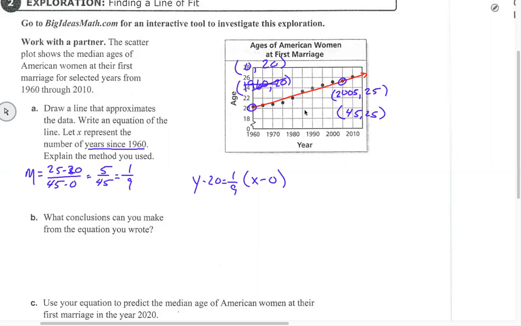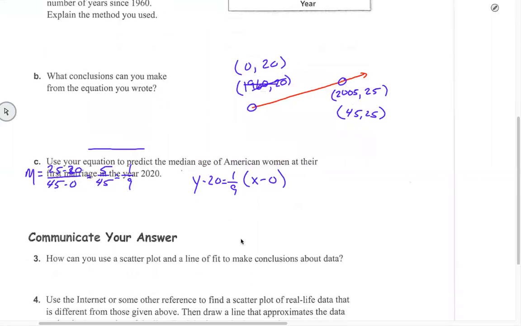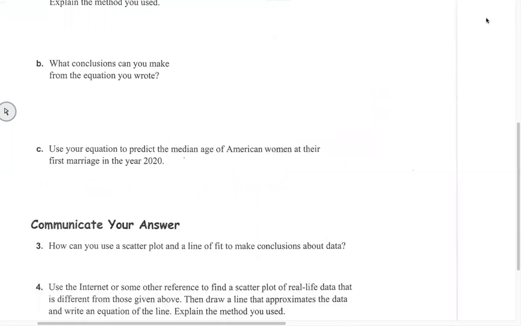So 2020 would be 60. All right. So I'm going to be putting in that 60 for x. So the equation, it was y minus 20 equaled 1/9 times x minus 0. So 2020 would be x equals 60. So I'm going to plug that in. So I got y minus 20 equals 1/9 times 60 minus 0.